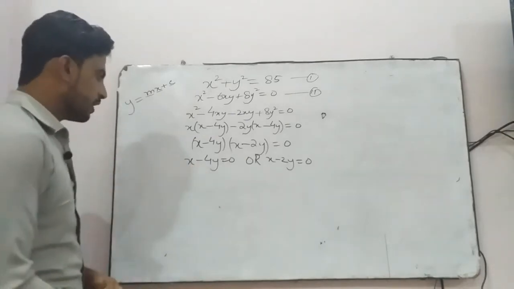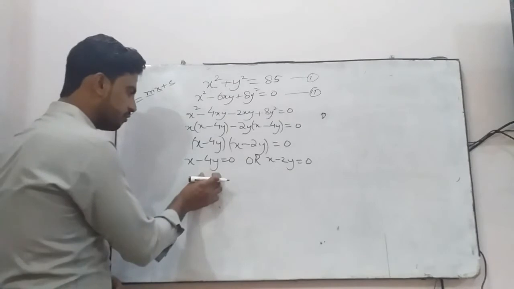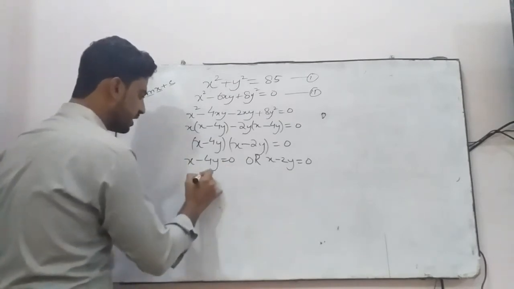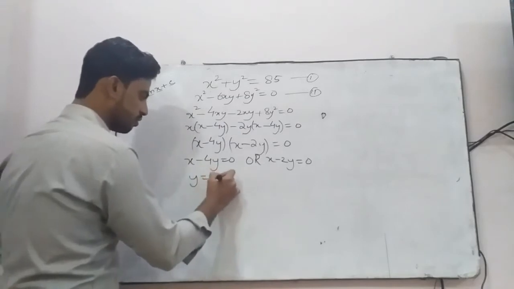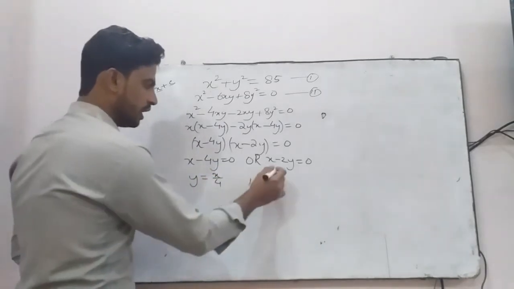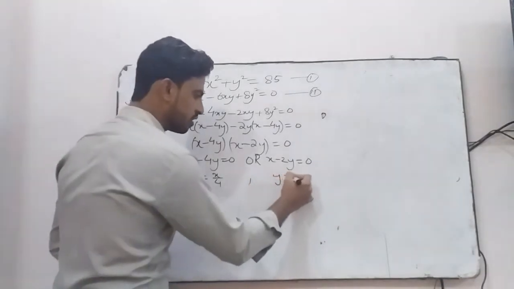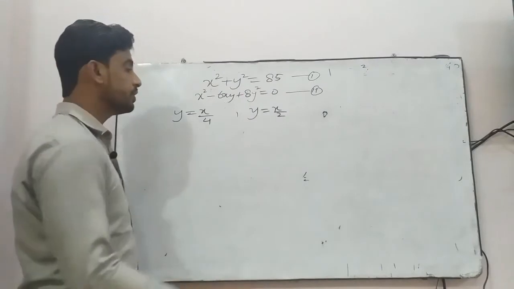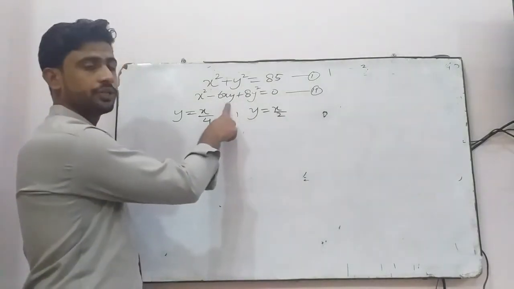So x minus 4y: you have to write this in terms of y. So y comes to the other side. It becomes y is equal to x over 4. Here y should be equal to x upon 2. So we have got two linear equations from one quadratic equation by factorizing.